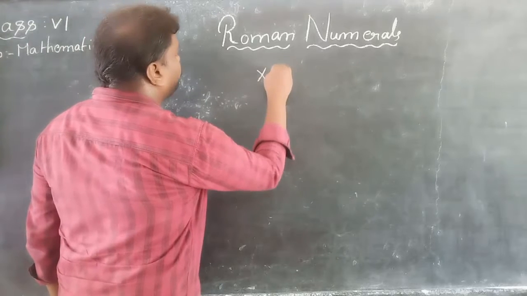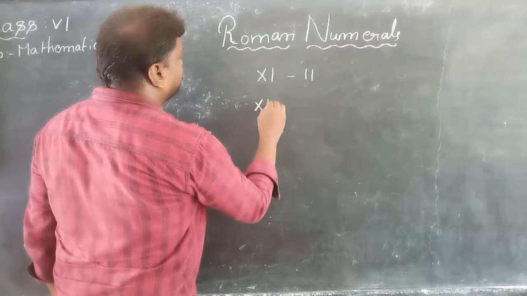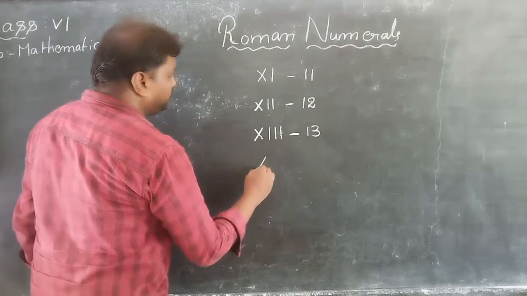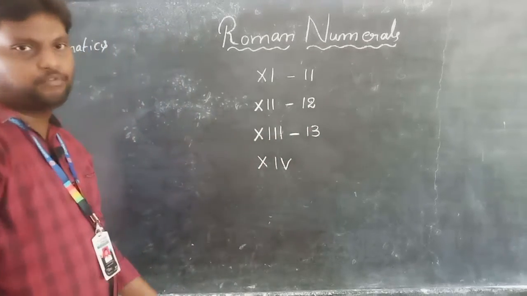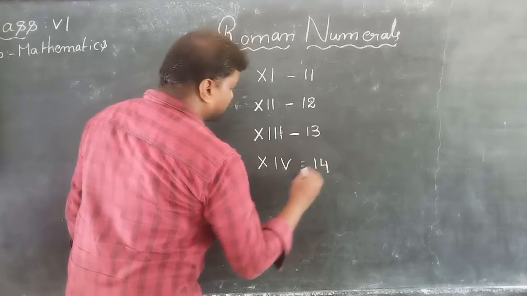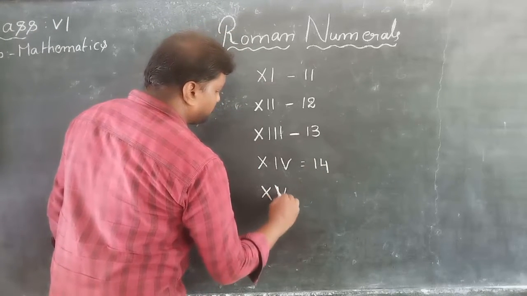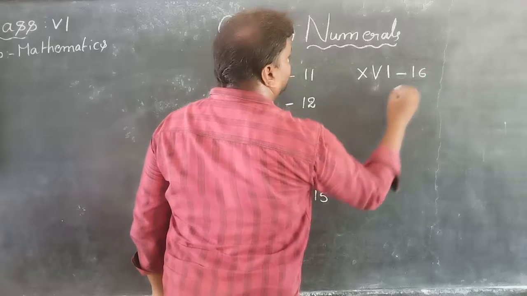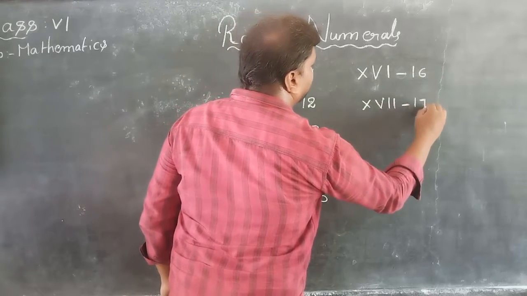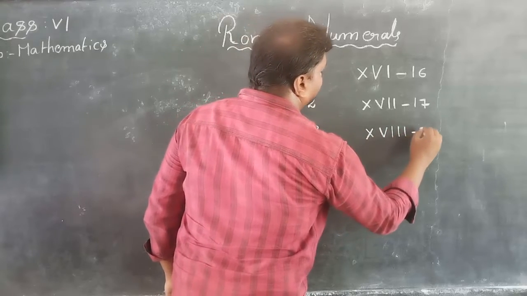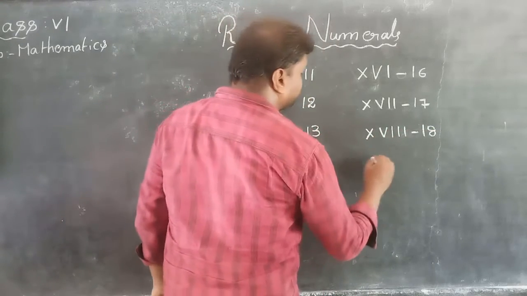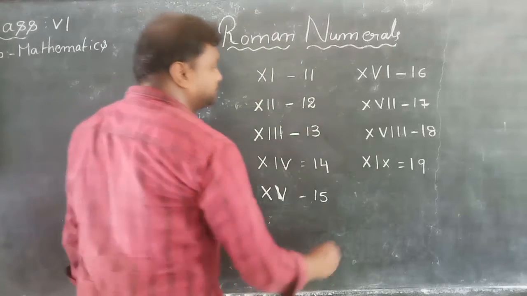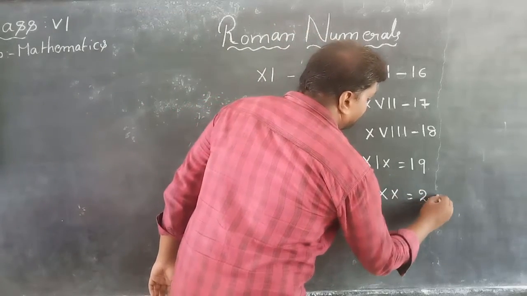Now I will write from 11 to 20. 11, 12, 13, 14 means again 4, that is 10 plus 4. 15, 16, 17, 18, 19 and 20.